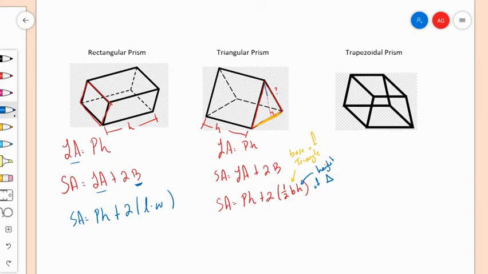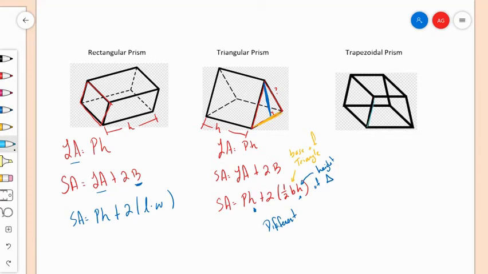So this height right here, and it does not represent the height of the prism, it represents the height of the base. And so that's why we say we got to be a little bit careful, okay? So these two h's, these two heights are different.